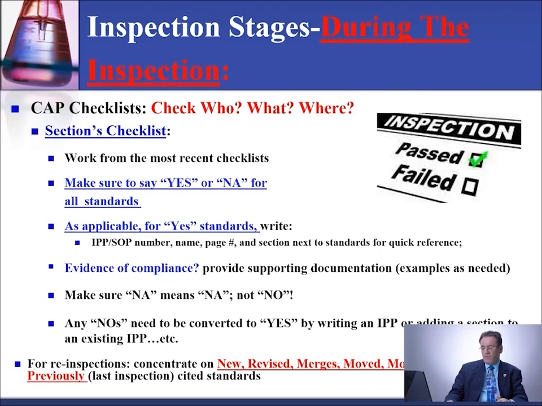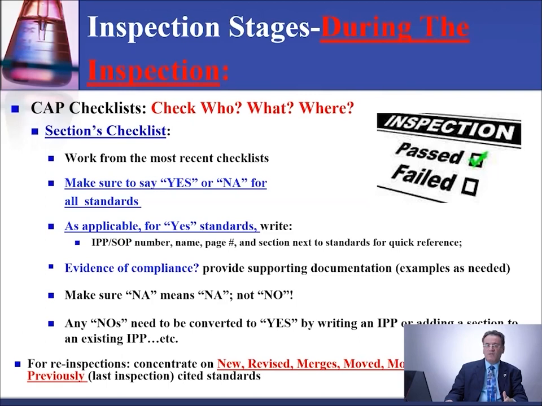For re-inspections, if this is your re-inspection, second cycle or more, okay, concentrate on new standards, revised standards, merged standards. They could merge more than one standard into one, or move from one checklist to another.